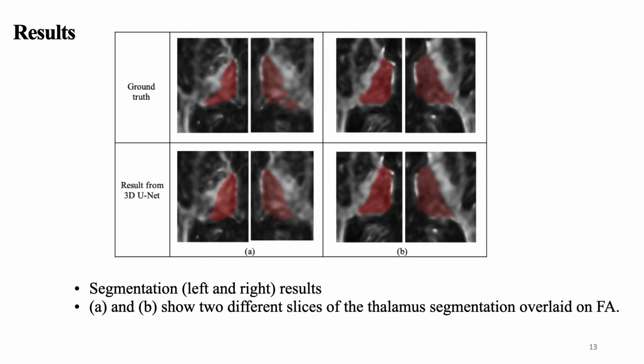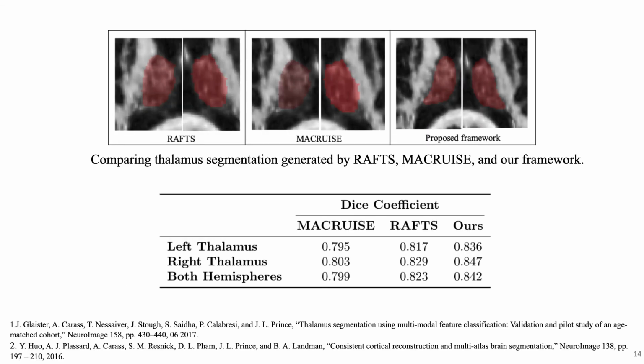And here are some of the results. From this figure, we can see that the left part and the right part are different slices of the thalamus. The top row is the ground truth, and the bottom row is the result from our 3D UNet. We can see that the UNet is able to capture most of the thalamus edges, although it's missing some small parts.